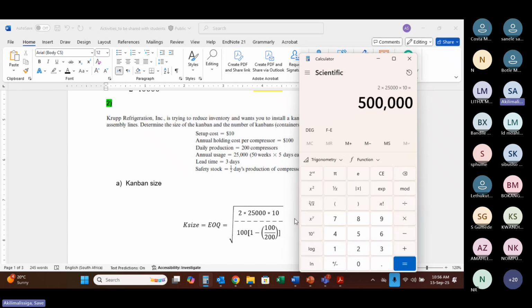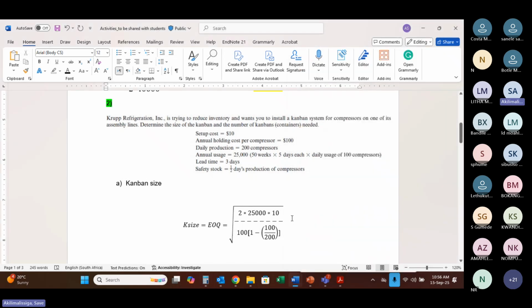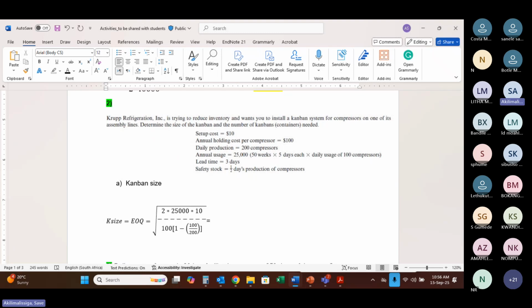This gives us 500,000. Usually what I do is square root of 500,000 divided by, now I'm going to do the calculation for this part here.